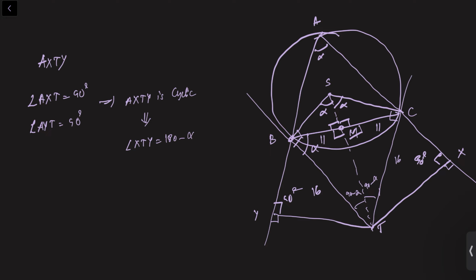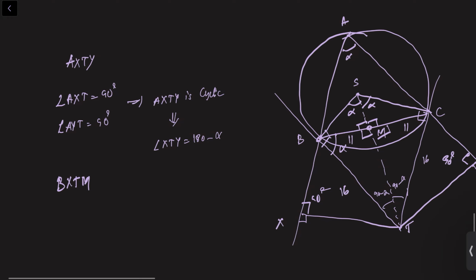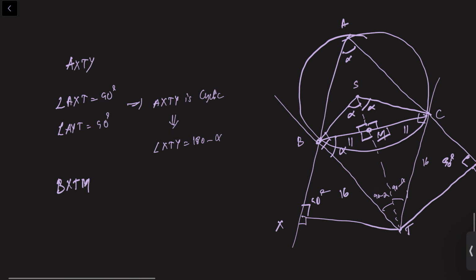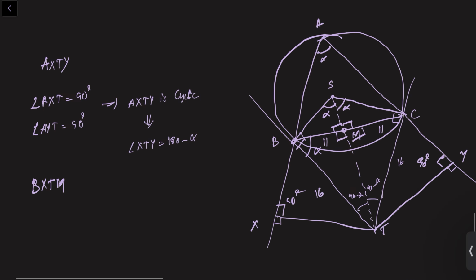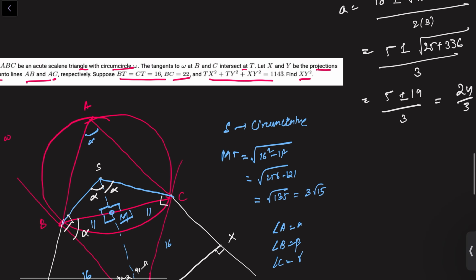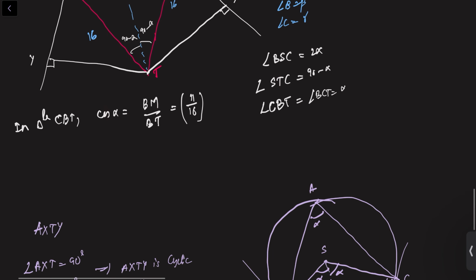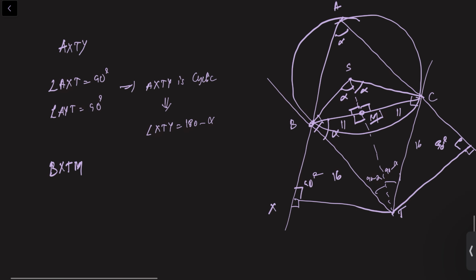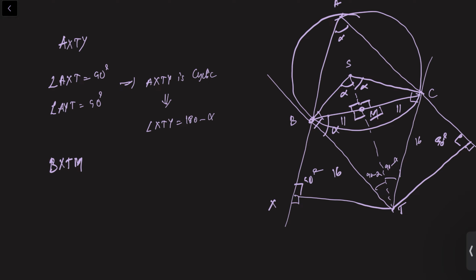Similarly, we also consider BXTM and CYTM. Sorry, here this is X and this is Y, because the projection onto AB is X, and the projection onto AC is Y. So BXTM and CYTM are cyclic quadrilaterals.